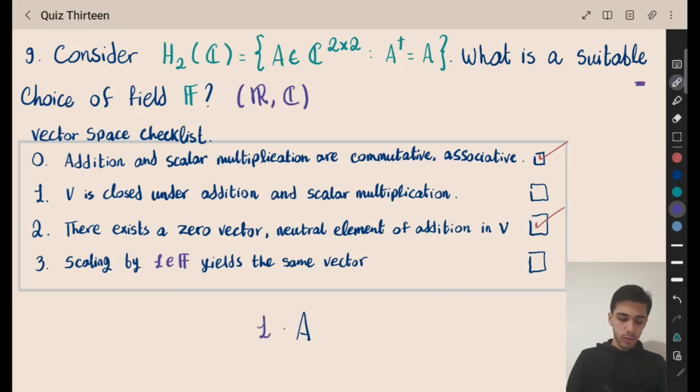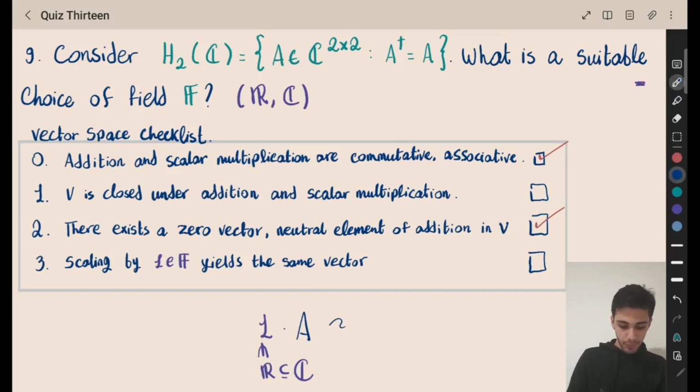Which field? I could choose 1 from R, but the 1 from R is the same 1 from C. The same identity, the same identity scaling. So this is in R, and R is of course a subset of C. So I'm considering it for both of them. I'm looking at both cases where I choose the field to be R and the field to be C.